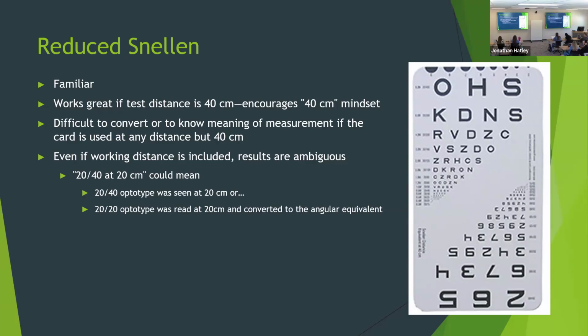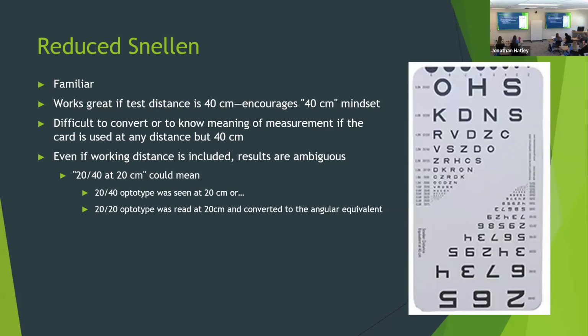That means that the patient held the chart at 20 centimeters and they read the 20/40 line. But somebody that comes after you and reads that could think that the patient read the 20/20 optotype at 20 centimeters. And because that was half the distance of the calibrated chart distance, you basically doubled the optotype size, so you converted it already for them.